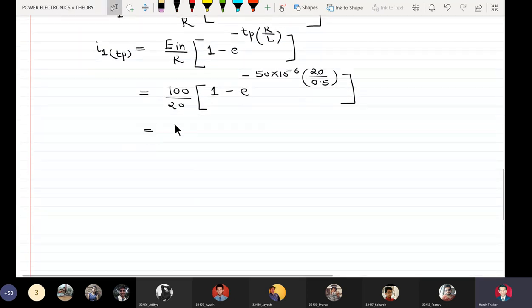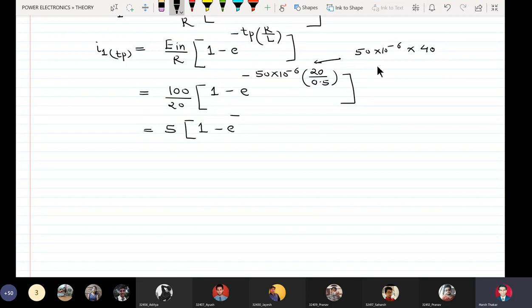Okay, so this comes out to be 5 into 1 minus e raised to minus 50 into 10 raised to minus 6 into 40, because 20 upon 0.5 is 40. So this comes out to be 2 into 10 raised to minus 3. So it is 5 into 1 minus e raised to minus 0.002.